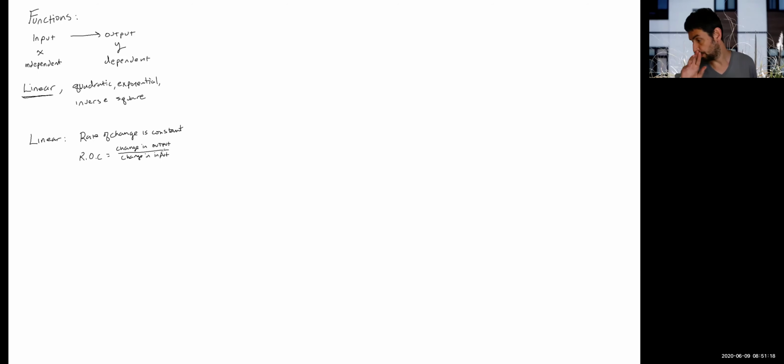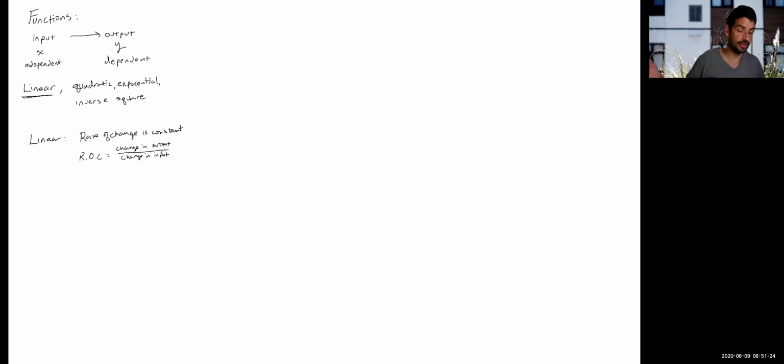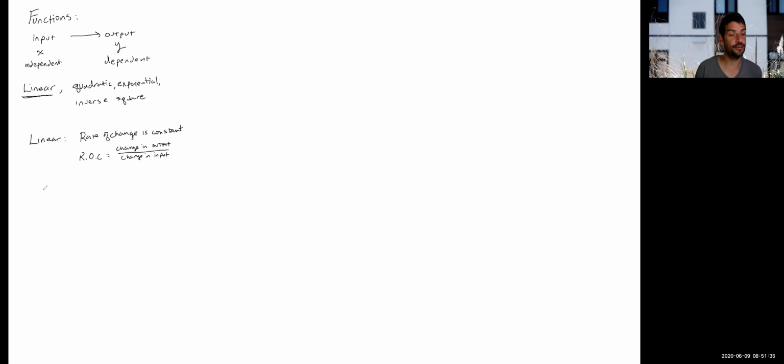It's just measuring, if I change the input by an increment, let's say a unit, how much will the output change by? And for linear functions, that number is the same whether you're at the beginning of the relationship or at the end of it.